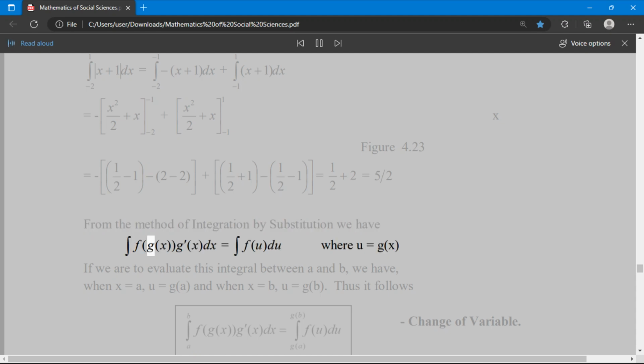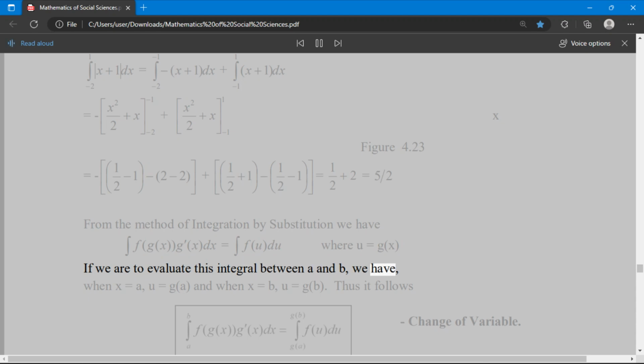From the method of integration by substitution, we have ∫ f(g(x)) g′(x) dx equals ∫ f(u) du where u equals g(x).